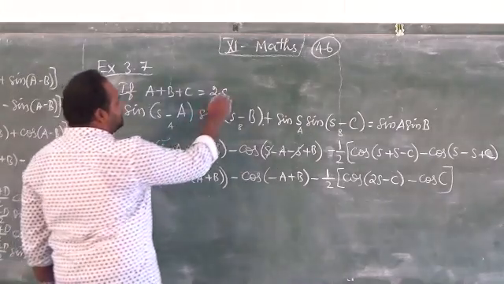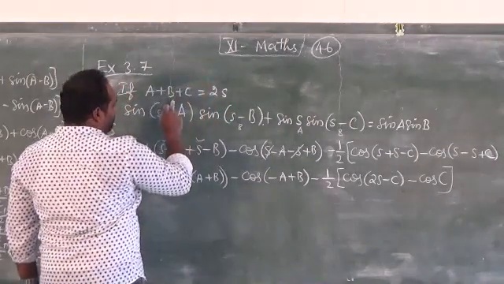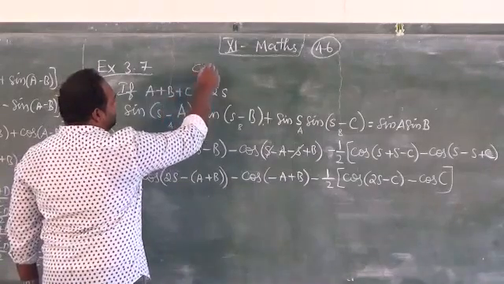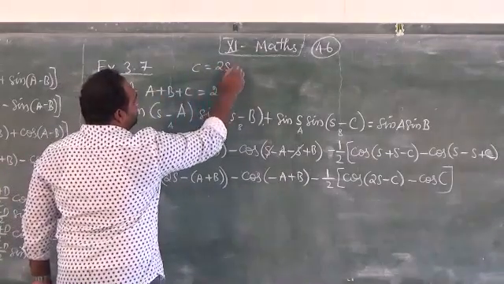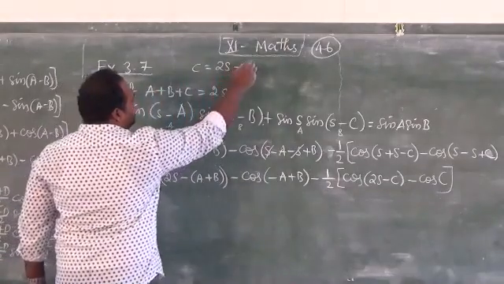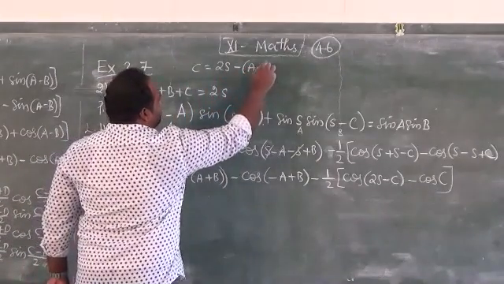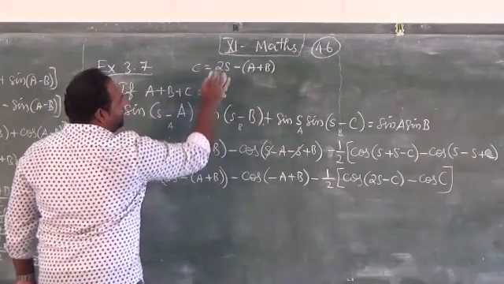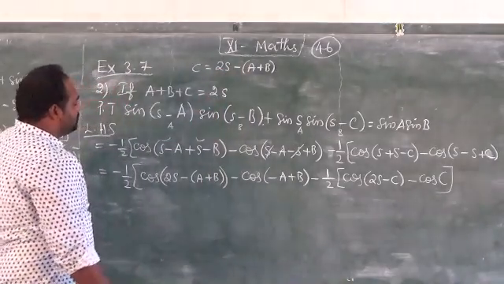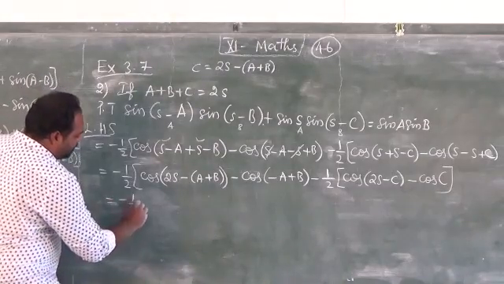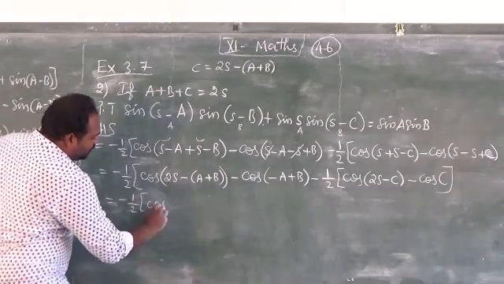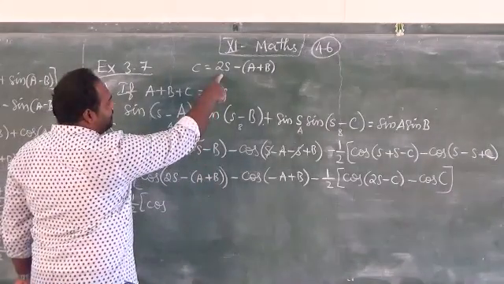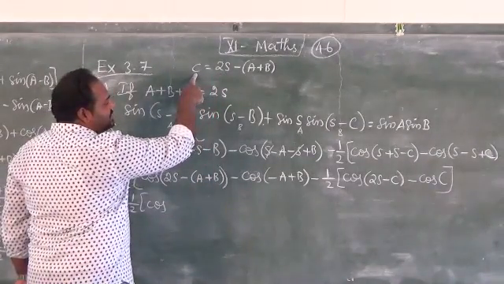By using this, if you keep c as it is, it will be 2s minus, bring this (a + b) this side, plus (a + b). This we have already done in the previous problems. Instead of 2s we have 180 there, but the same thing we are going to do here. See here, minus 1 by 2 into cos of 2s minus (a + b), we can write as c.